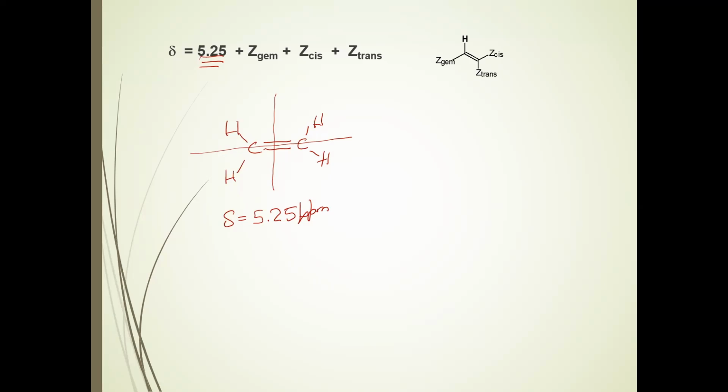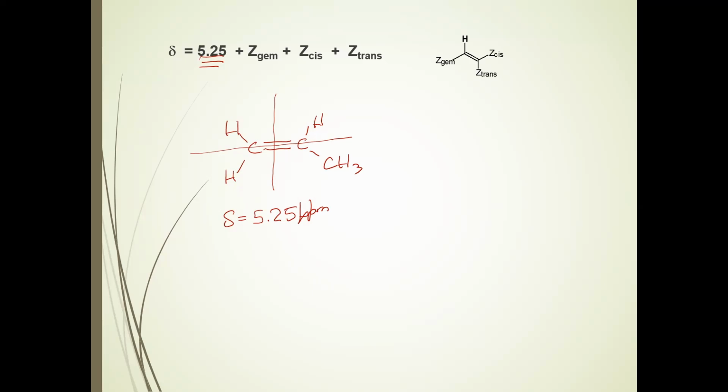Then, if we substitute one of those hydrogens out, say we delete this hydrogen and put a methyl group here, that will change the chemical shifts of the other 3 groups. And how much it changes it is going to vary depending on the orientation to the methyl.